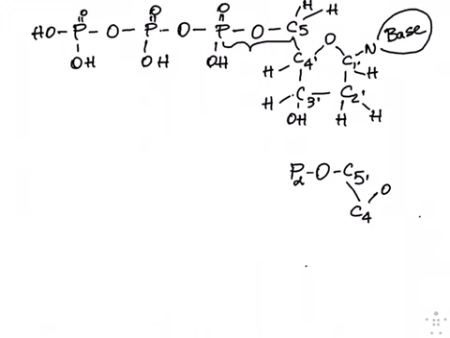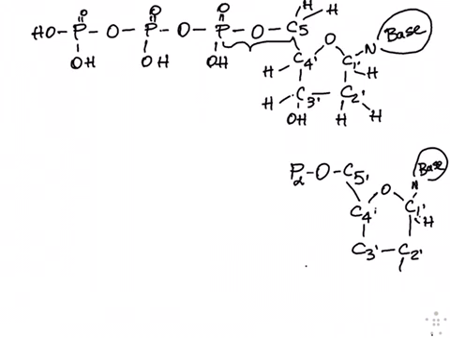and we're going to move down to carbon 3, they're all primes, carbon 2 prime, carbon 1 prime, and here we have the nitrogenous base and another hydrogen, 2 more hydrogens here, a hydroxyl group here with a hydrogen, and because carbon has 4 bonds, there's 1 more here, and carbon 5 has 2 more right here.